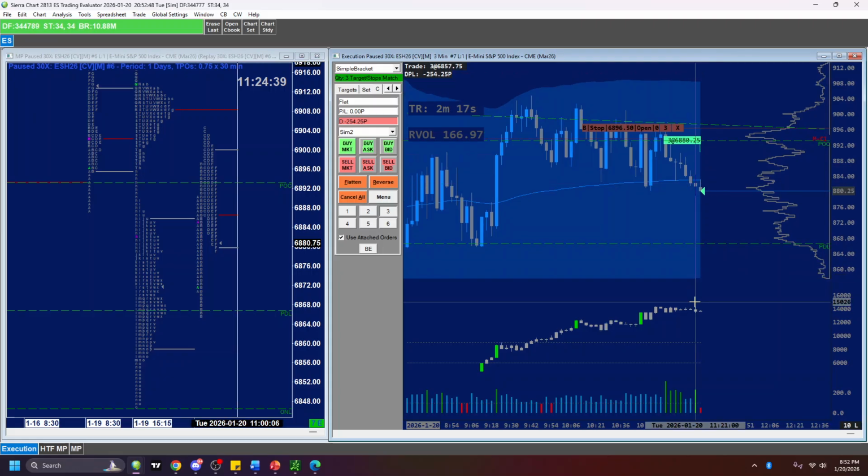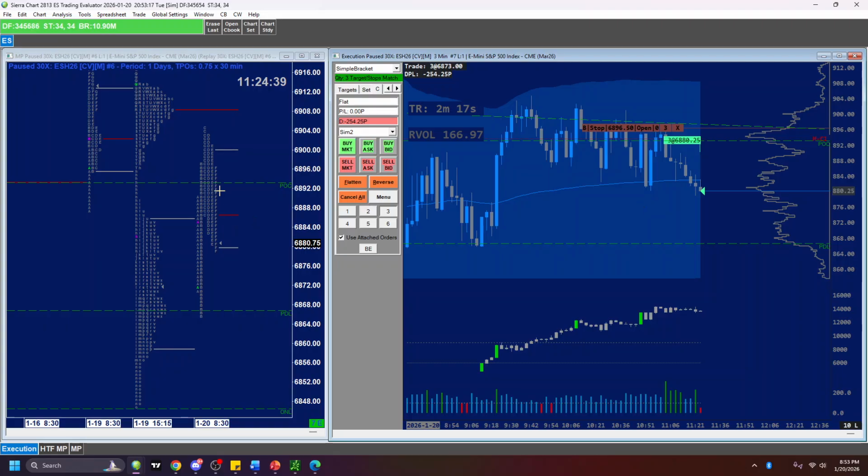Later in the day, something I did notice as well was delta and volume, and why they are important. And don't take this to the bank quite yet. It's just an observation right now. But delta and volume later in the day are not going to be as usable, or maybe you shouldn't lean on them as much later in the day.